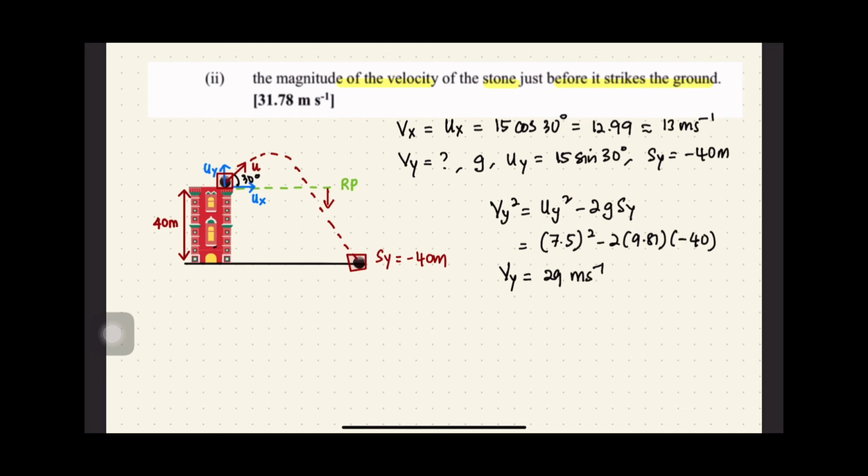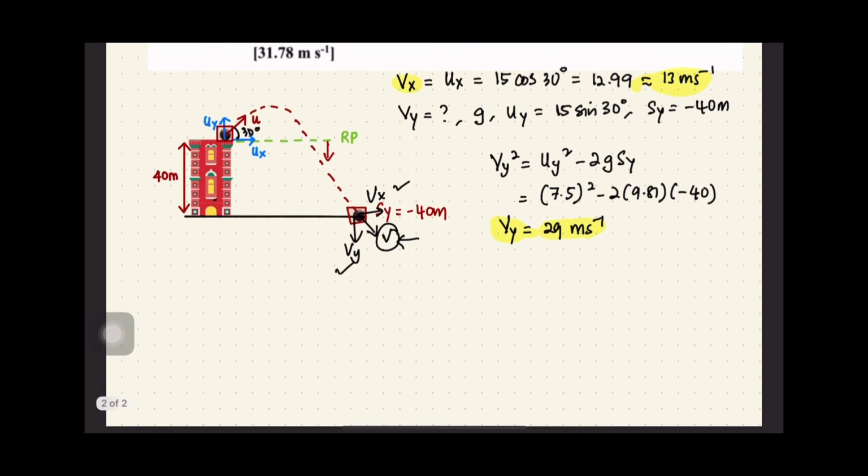So here we have Vx is 13 meter per second, and then we have Vy 29 meter per second. Remember that bila disebut pasal velocity dalam case projectile motion, maka velocity dekat hujung ni, before it strikes the ground, saya lukis macam ni lah. Dia mesti melibatkan dua komponen which are Vx and Vy. Baru awak boleh cari nilai V ni. So sekarang kita nak cari V ni macam mana? Sebab kita dah ada Vx, kita dah ada Vy, kita guna resultant of V lah.